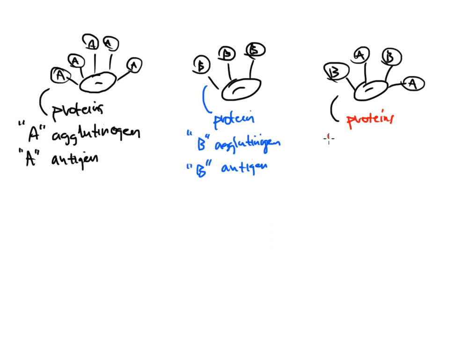But this time you have the A and you have the B agglutinogens, or you have the A and you have the B antigens. So I think that is okay for most people.